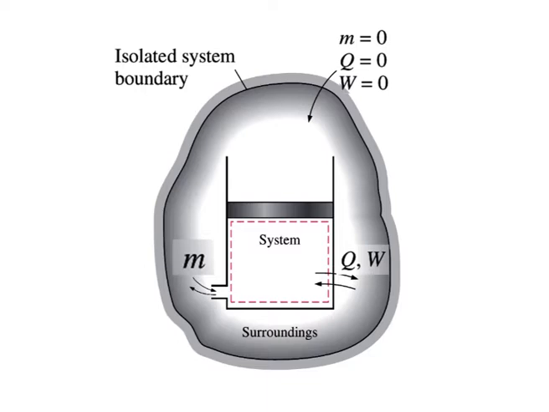Therefore, a system and its surroundings can be viewed as the two subsystems of an isolated system, and the entropy change of this isolated system during a process is the sum of the entropy changes of the system and its surroundings, which is equal to the entropy generation since an isolated system involves no entropy transfer.